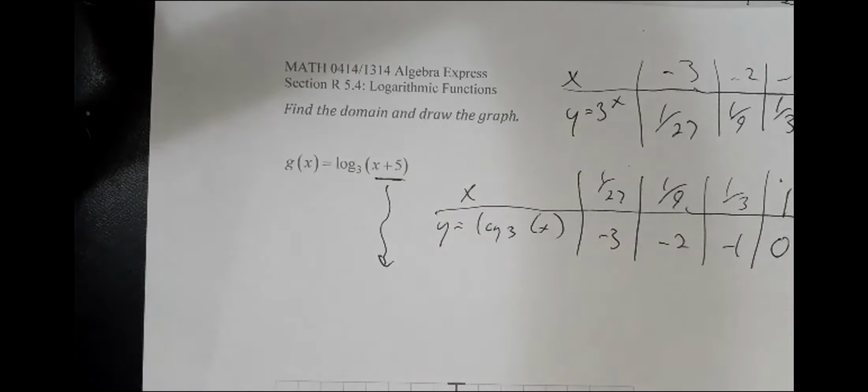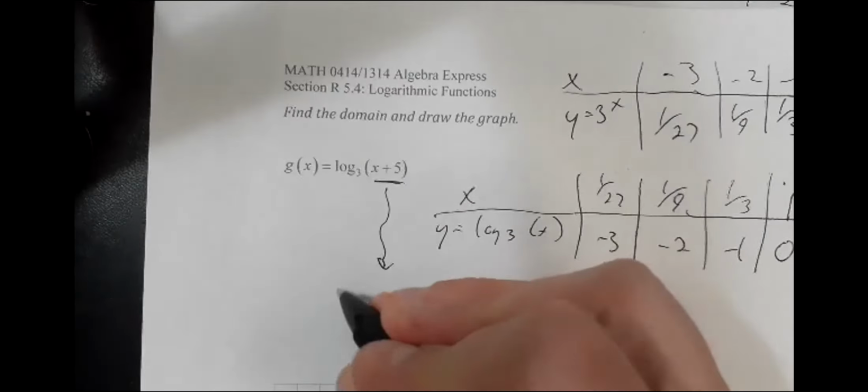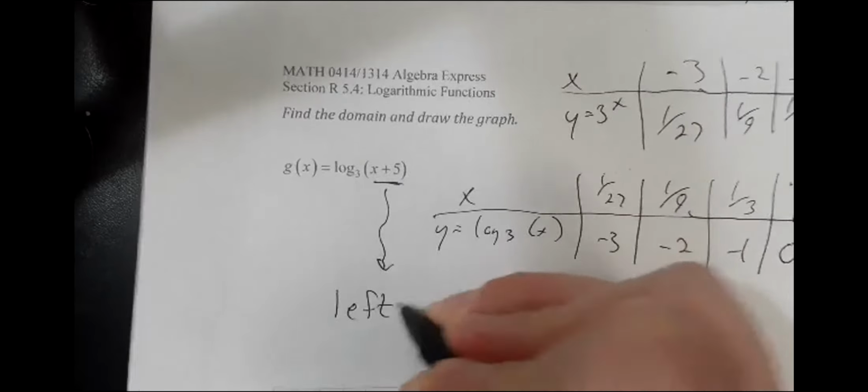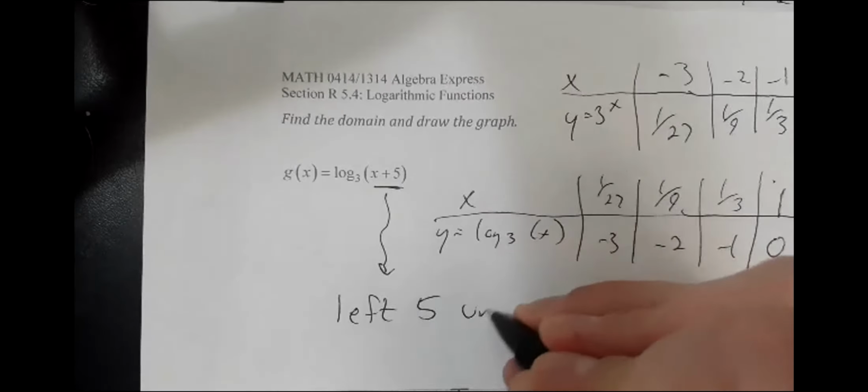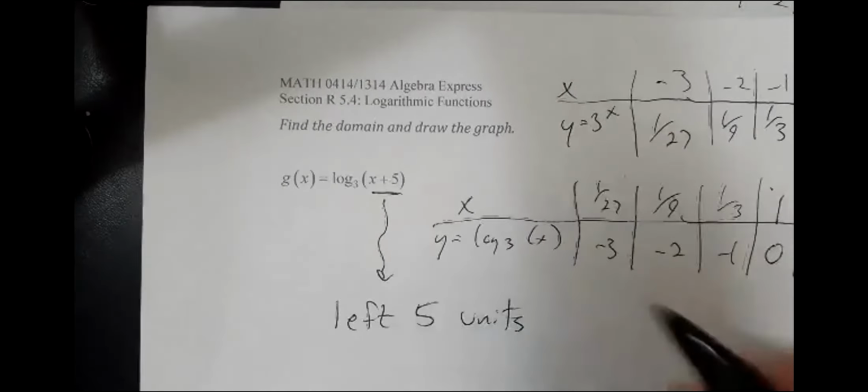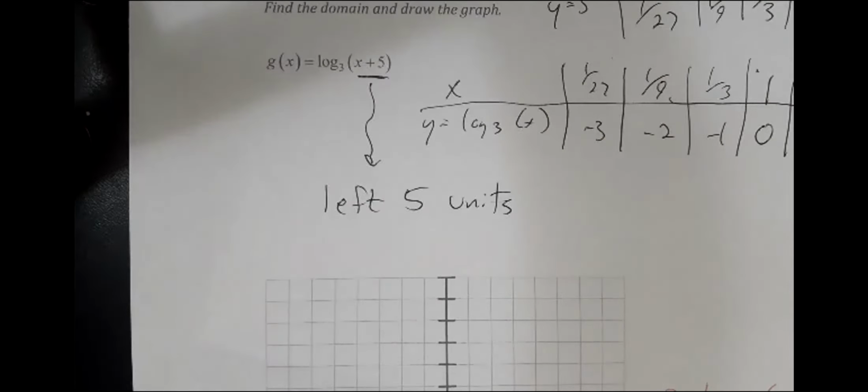So we are going to do plus 5 before we start taking logs of things. So it's happening inside, it's happening to the x. So adding 5 to the x, it is going to happen sort of the opposite of what you think it's going to happen. I want to move this thing left 5 units.